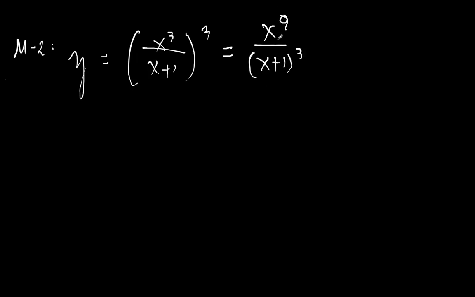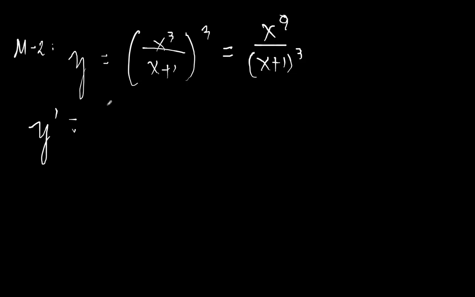So this one is quite simpler compared with the original given because we have only a quotient of two polynomials, x raised to 9 and x plus 1 cubed, right? So let's now do the derivative, and let's differentiate this using the quotient rule. That's low d-high minus high d-low over low squared.